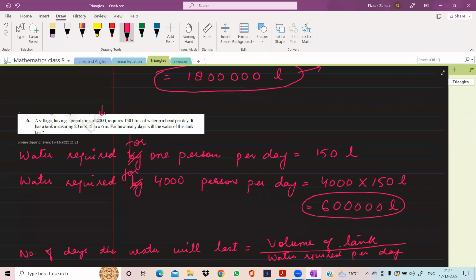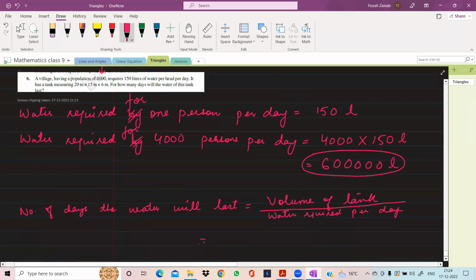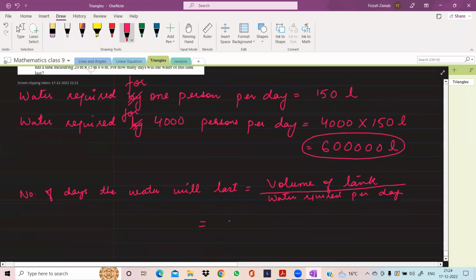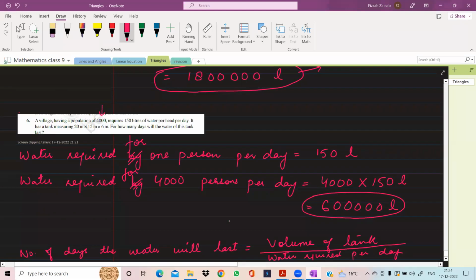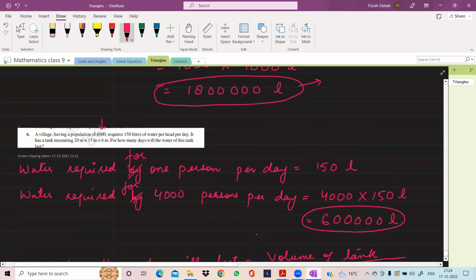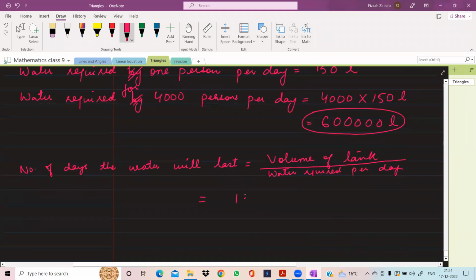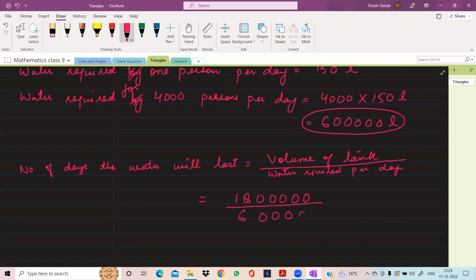So the total volume of the tank: how many zeros are there? 1 8 and then 5 zeros. And this is 6 again with 5 zeros. This is in liters. This is also in liters.